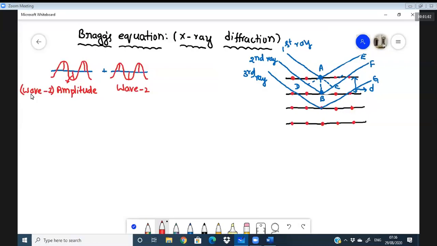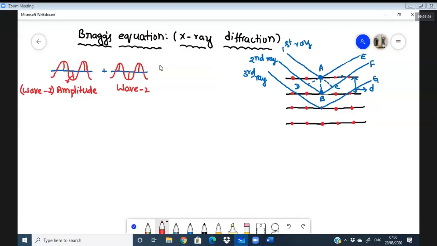These two are mixing with each other to form a wave whose amplitude is the sum of the amplitude of these two waves. That is called as constructive interference.